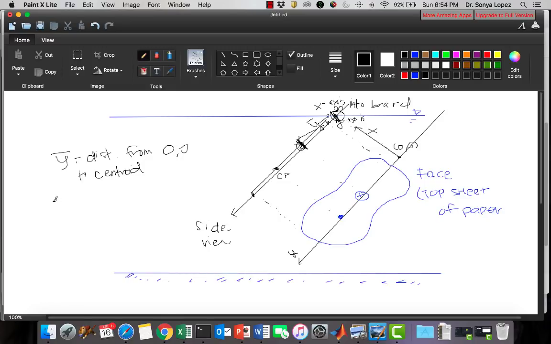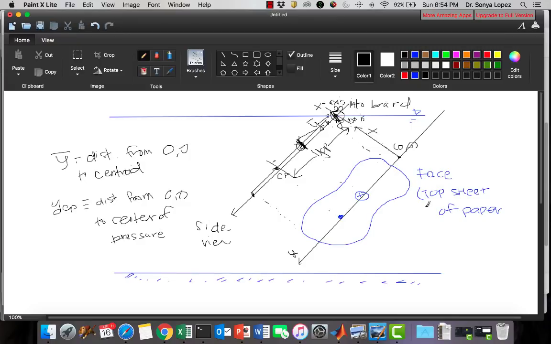You have a y CP, which is the distance from this plane to this plane, from your 0, 0 to the center of pressure. Very, very important distances.